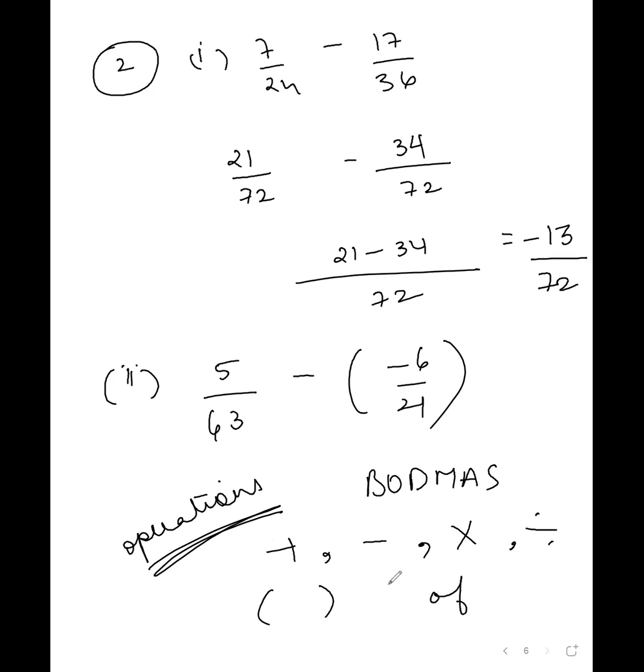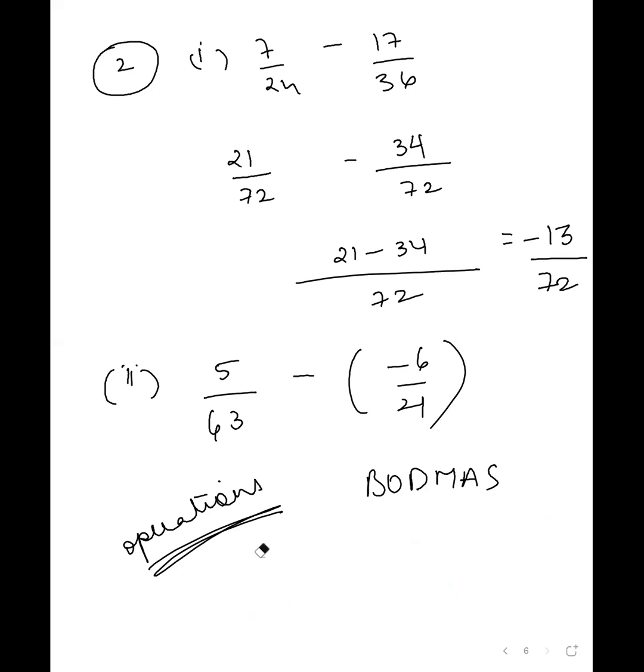So all of these are called operations. Now, let's say you have one question in which all of them are there. Then what is the rule? How do you know which one to solve first? So for that you have BODMAS. Don't get confused too much.